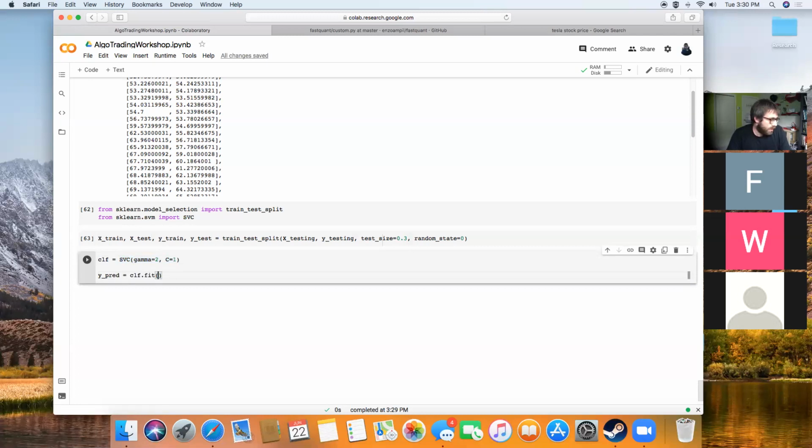CLF.fit, so I fit the data on X train and Y train, and then predict. Actually I need to pass the X test, and I will get the prediction of the classifier.